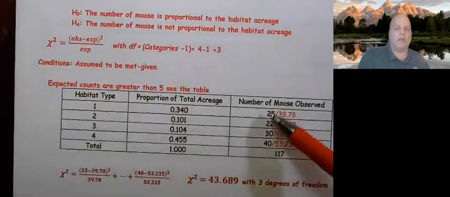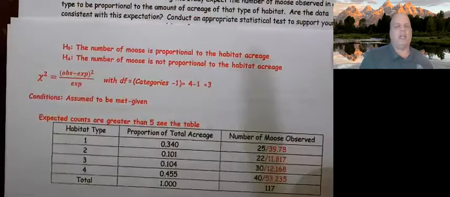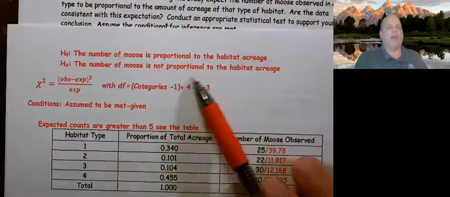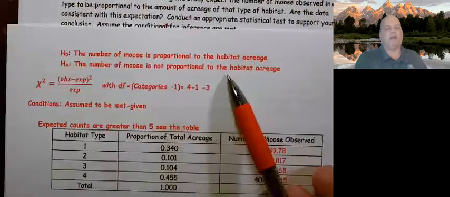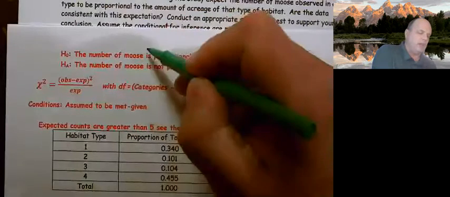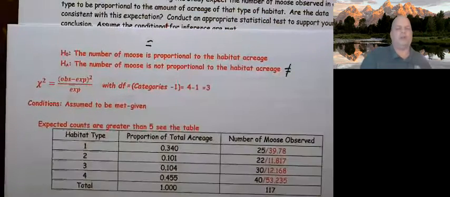And it might be, you're right about that. But once again, we only have one column. If we have one column, it cannot be homogeneity. You have to have multiple columns. Ha: the number of moose is not proportional to the habitat acreage. And remember, I always say, make these things equal and then not equal. It just makes your life easier.